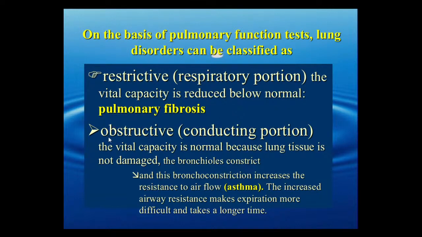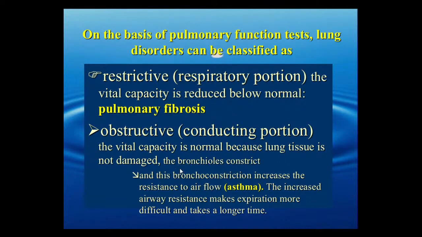And in our other group, when we have disorders of function of the conducting portion, these are obstructive disorders, where the vital capacity stays normal, because lung tissue is not damaged.